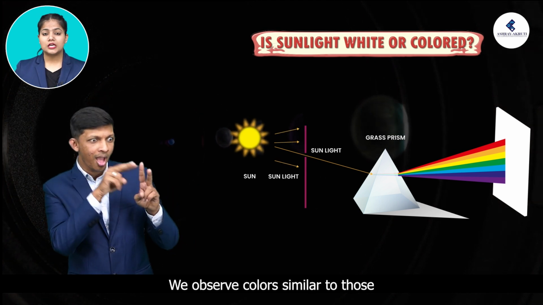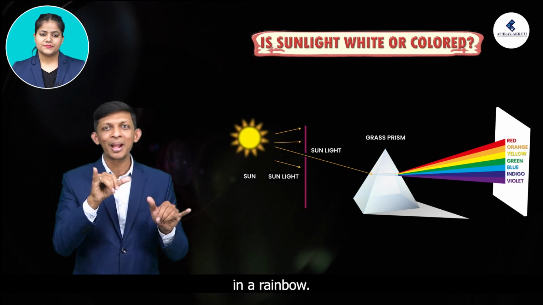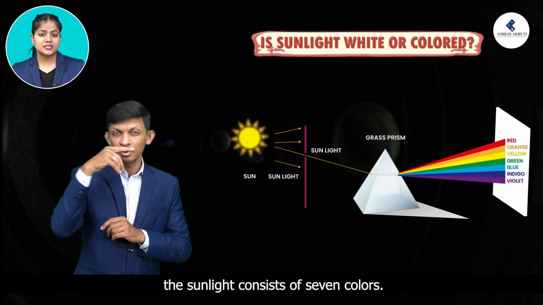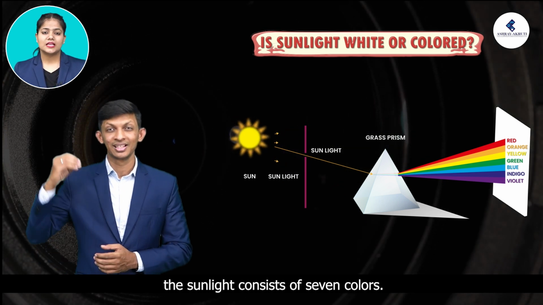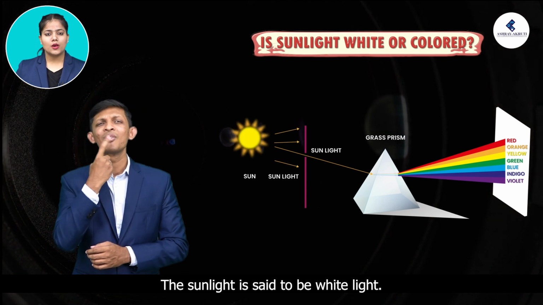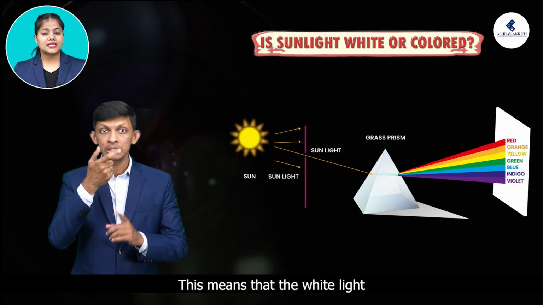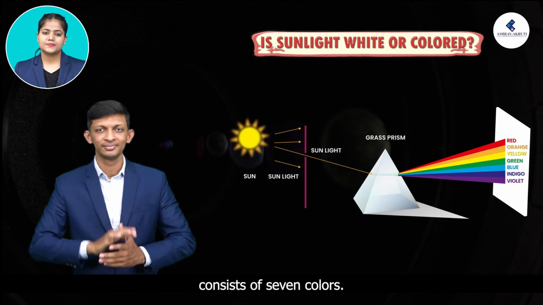We observe colors similar to those in a rainbow. This shows that the sunlight consists of 7 colors. The sunlight is said to be white light. This means that the white light consists of 7 colors.